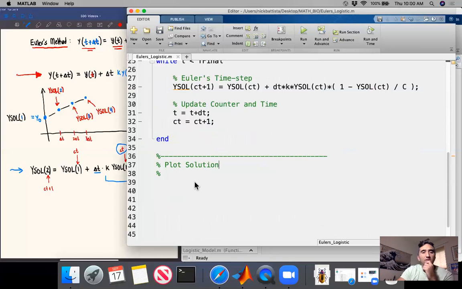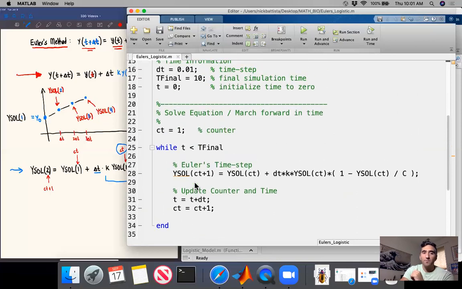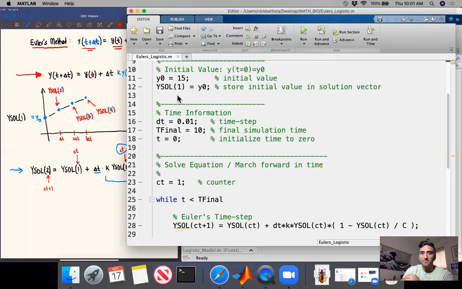And this can be a little difficult because, well, we have our solution, y sol, but we don't actually have our time values. So what we can do in this case is one of two things. And what I would recommend is we just store our time in a vector as well.